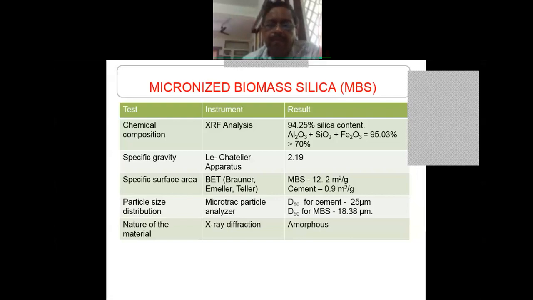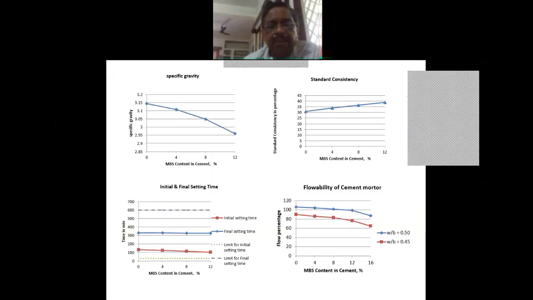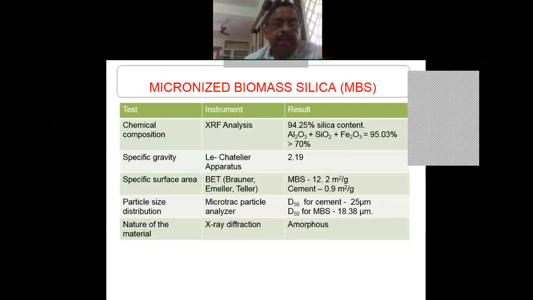So we wanted to try this MBS material as a mineral admixture, because it will come between fly ash and silica fume. So we have tried different properties. First, we tried to replace it with the cement, because it has a very low specific gravity. Its specific gravity is only 2.19.